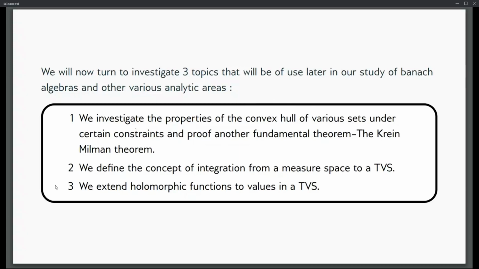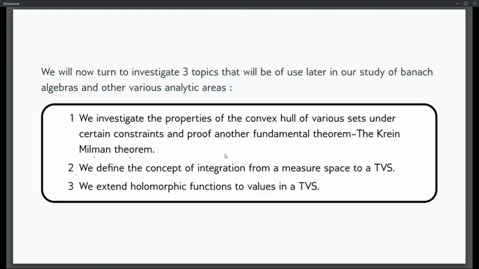A second concept we are going to study is extending certain concepts to values that lie in a topological vector space, which is first of all integration. There's another concept of integration that is defined somewhere else. I forgot the name of the integral for vector values, but for our purpose right now, this should be sufficient.